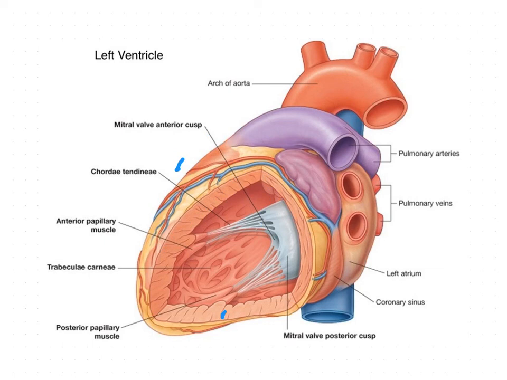These are the external features. Now coming to the interior of the left ventricle, it is divided into 2 parts. One is the lower roughened part.